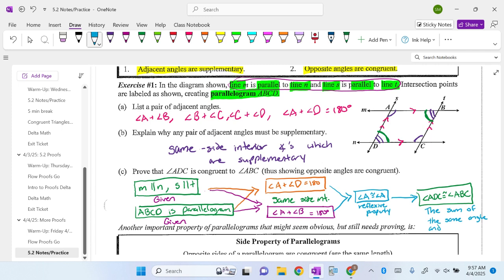How do I state this? I know what it means, but I just got to state it right. It's not transitive property.